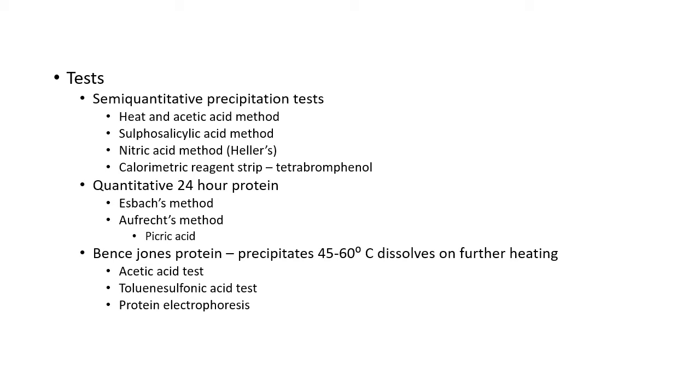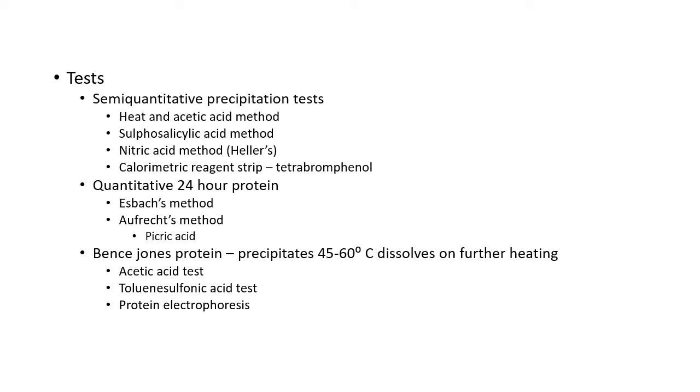There is another semi-quantitative test, which is the colorimetric reagent strip test. This is based upon the ability of proteins to alter the color of some acid-base indicators. The indicator used here is tetrabromophenol blue.